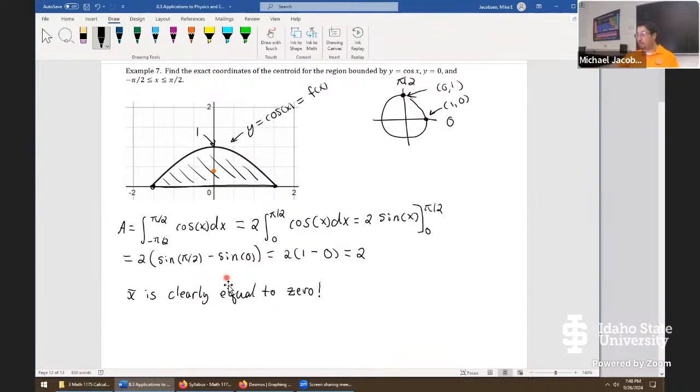If you wrote this on a homework assignment, I will assume that you saw the symmetry and you decided, well, x bar must be 0 based on that symmetry. I would accept that on an exam. If I give you something that involves symmetry and you used it, that's a legitimate thing to do. But we're practicing this problem, so even though it's clearly 0, let's see if we can prove it by really running through the computation.